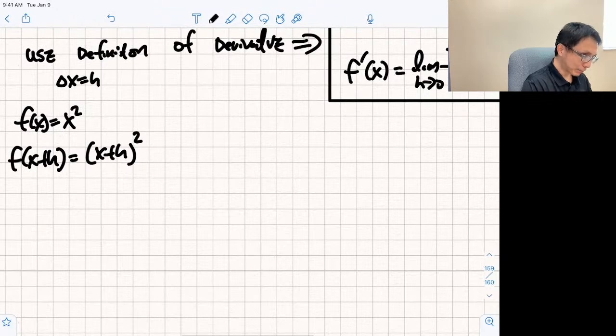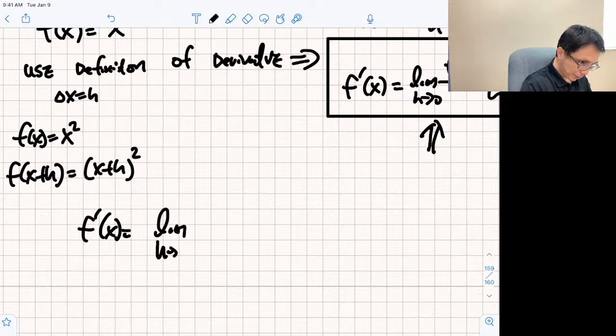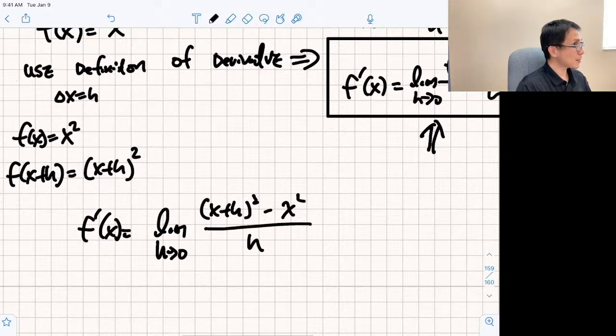So don't do that. So what happens is I'm going to use the definition of derivative, which we're using this. So I'm going to say f prime of x equals the limit as h approaches 0. Why does h approach 0? Because it's going to be x plus h squared minus x squared over h. Does that make sense?